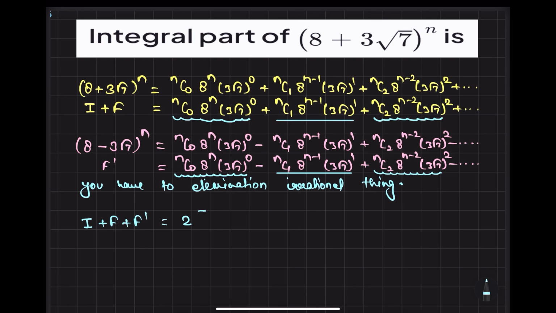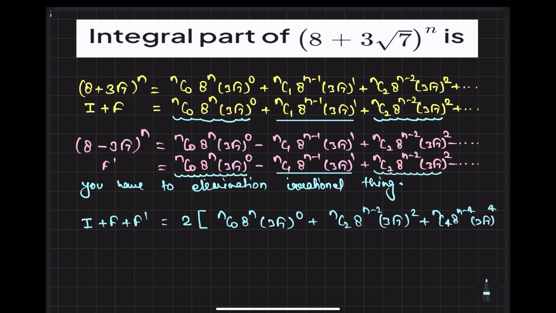Now you will have 2 times the first component: nC0 8^n (3√7)^0, nC2 8^(n-2) (3√7)^2, nC4 8^(n-4) (3√7)^4 dot dot dot. Correct?